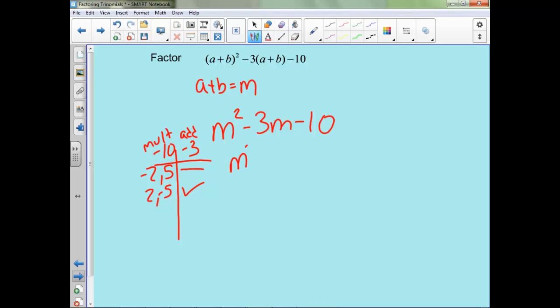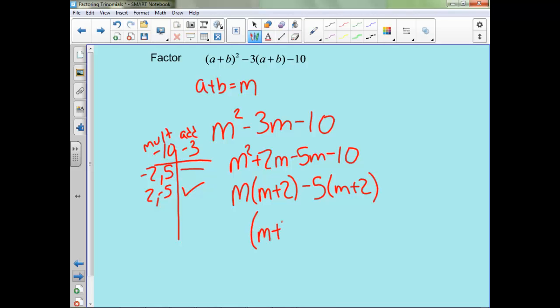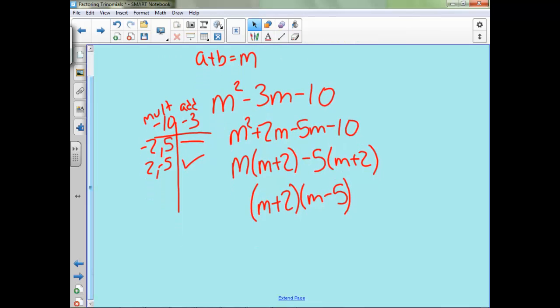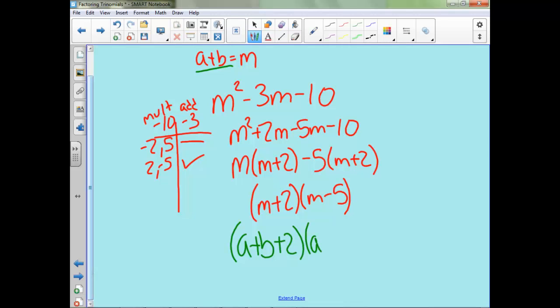So we'll have m squared plus 2m minus 5m minus 10. But now remember, we didn't actually start with an m in our problem, so we need to substitute back out for this m. So it'll be a plus b plus 2 and a plus b minus 5.